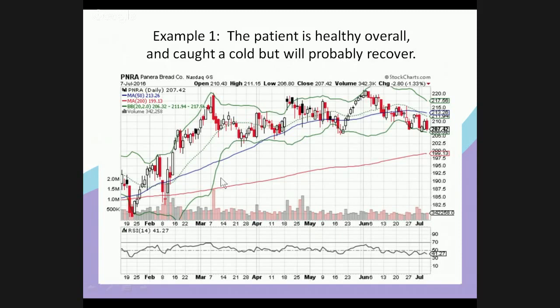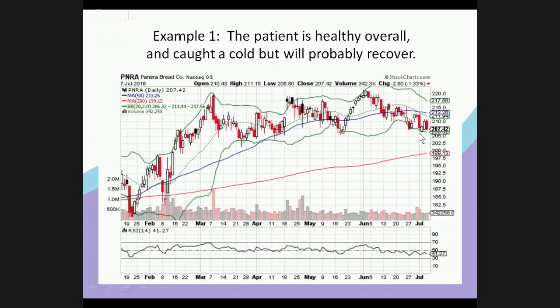Look at the 200-day simple moving average. It's trending upward. And the 50-day simple moving average is overall trending upward. And yet, it closed right near the bottom Bollinger Band, indicating that it is perhaps short-term oversold.